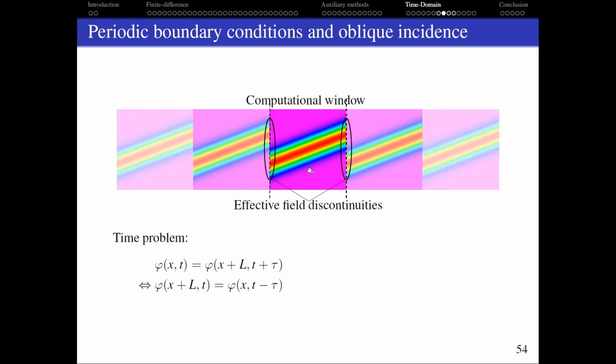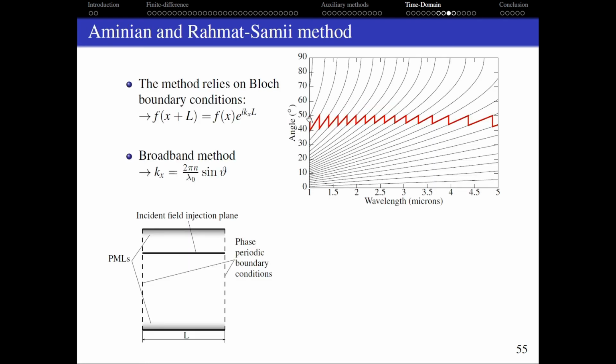But no matter how much I tried to get it working, it never worked, because there were things that were not said in the paper, and there are only a few methods that work. One of them is the Arminian-Ramadsamy method that relies on block boundary conditions.